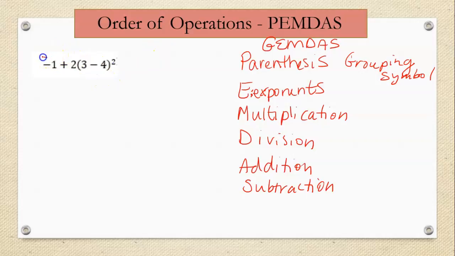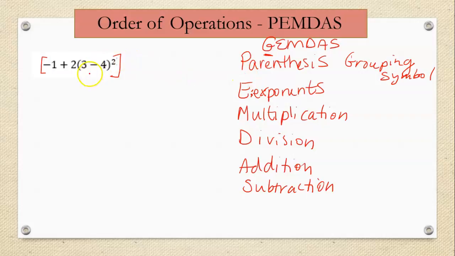But you might see problems that also have brackets, which is another type of grouping symbol. So that's why some teachers have kind of gone to this GEMDAS term, because there's not always going to be parentheses. You might also see brackets as grouping symbols. But anytime you have those grouping symbols, we're going to work our way from the inside out.